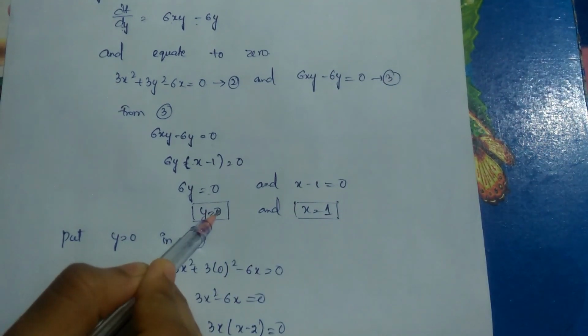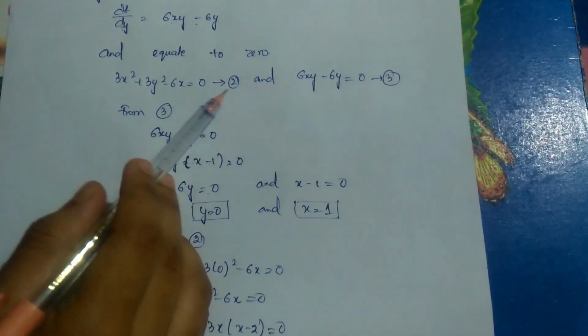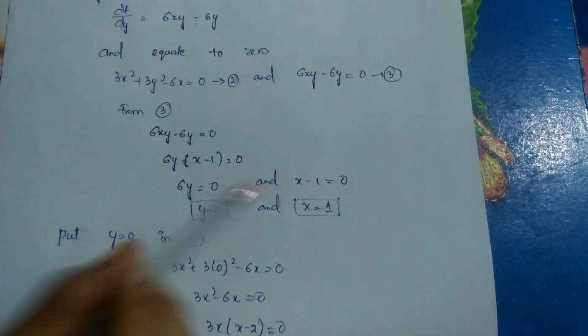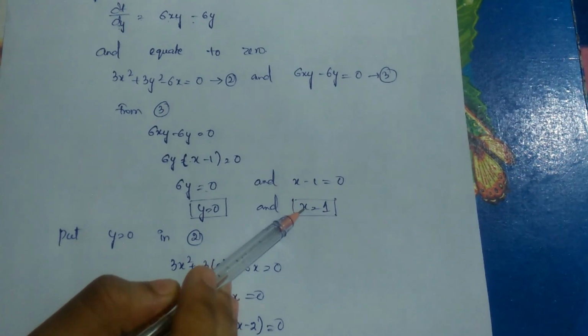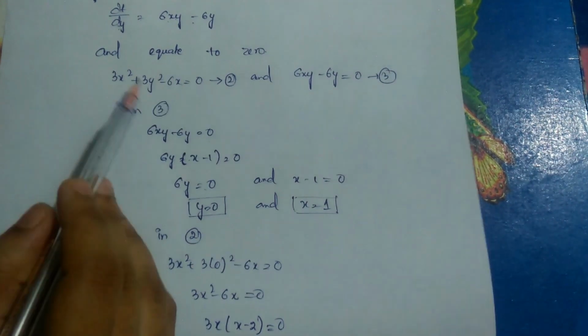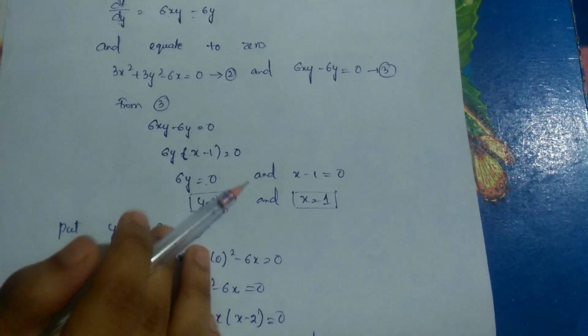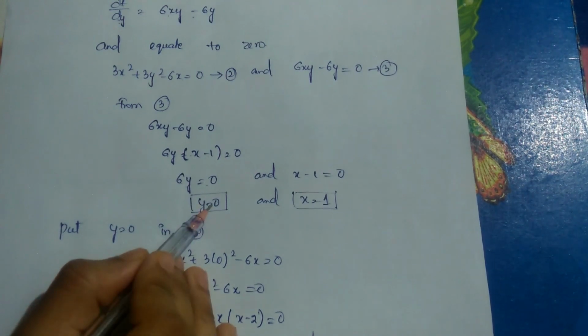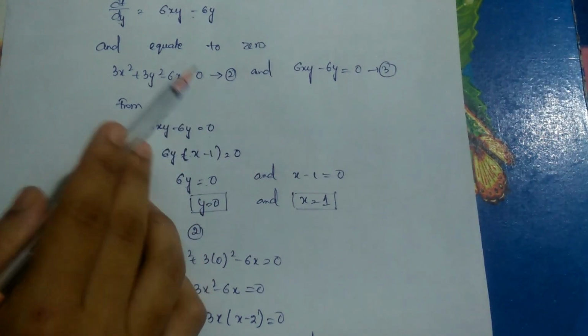Now substitute this y value in equation 2 to get the values of x, and next substitute the value of x in equation 2 to get the values of y. So at first we put y equal to 0, this value, in equation 2.